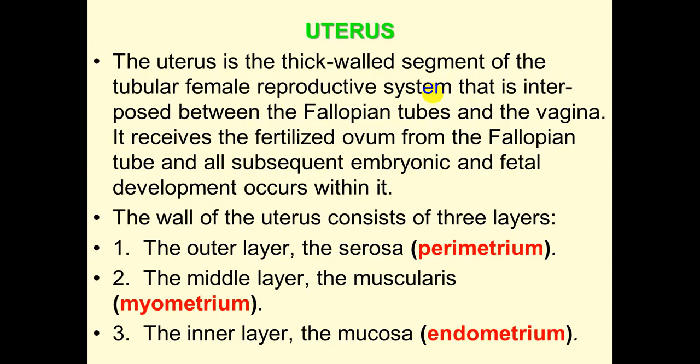The Mullerian duct in the upper third gives rise to the tubes, each duct staying separate, but in the middle and lower third, the two ducts fuse with one another and form the uterus.